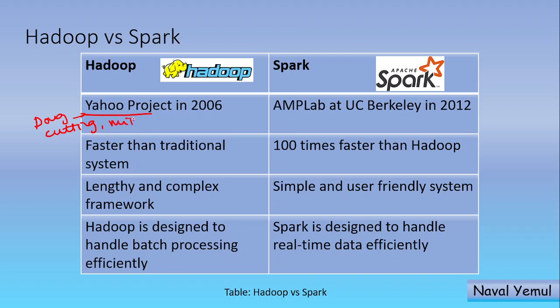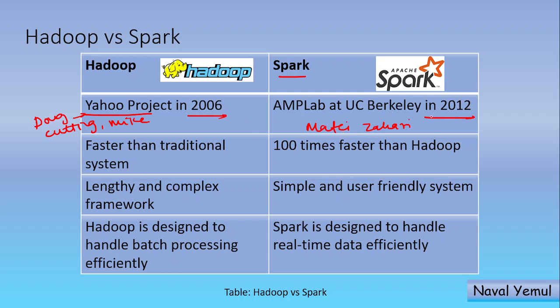These two people were the major ones working on the research papers which Google had published, and they started this project in 2006. When it comes to Spark, Matei Zaharia is the inventor. He founded Spark. He started working on it with a few students in his lab in 2009-2010.